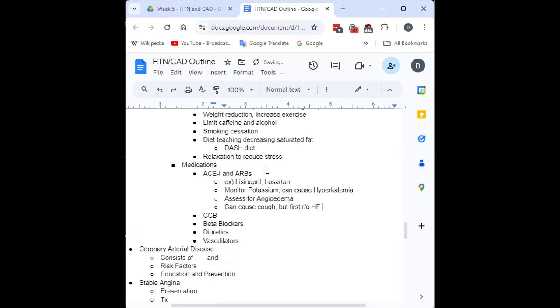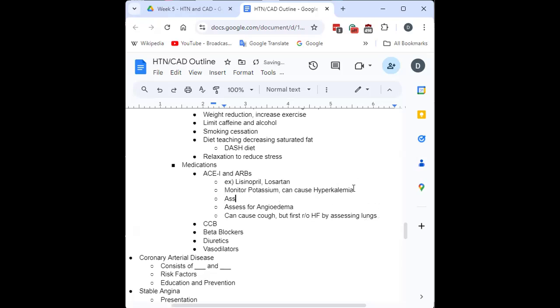So assess by assessing. Does that make sense? Yeah. So you guys actually didn't talk about one. You're going to monitor your potassium. When you're choosing if the medication is safe, you're going to be assessing the potassium and also your blood pressure.